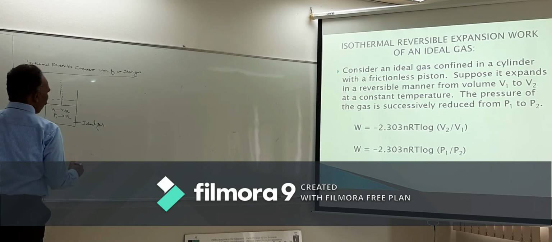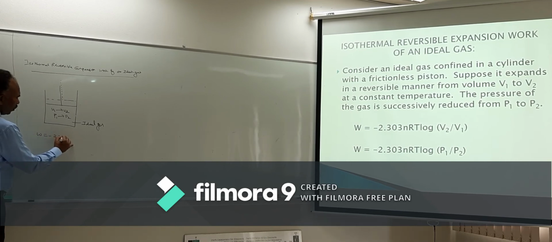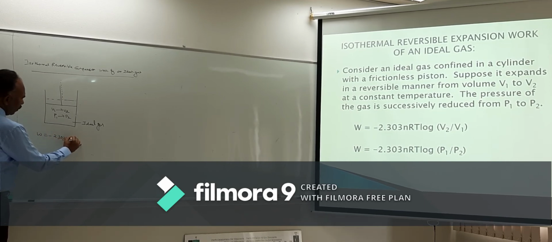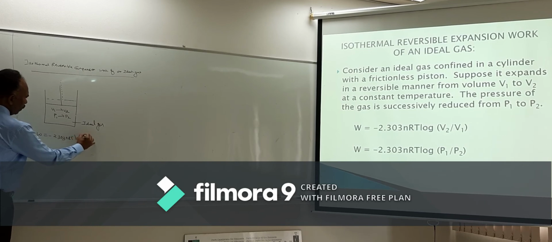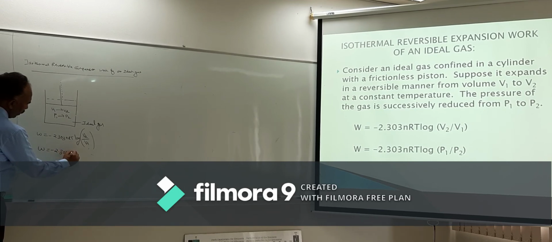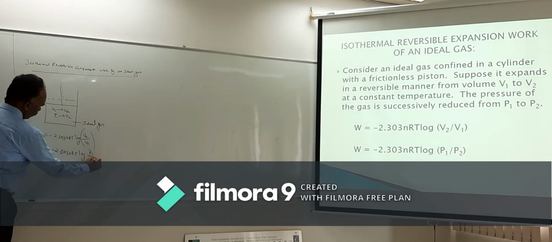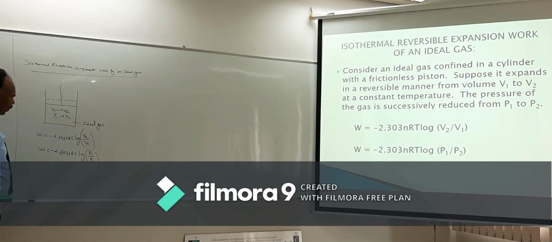The formula to find work done is W = -2.303 nRT log V2/V1, and in terms of pressure, W = -2.303 nRT log P1/P2.